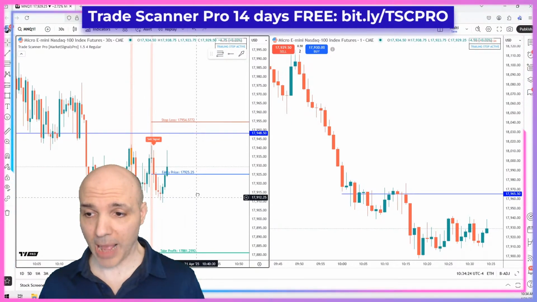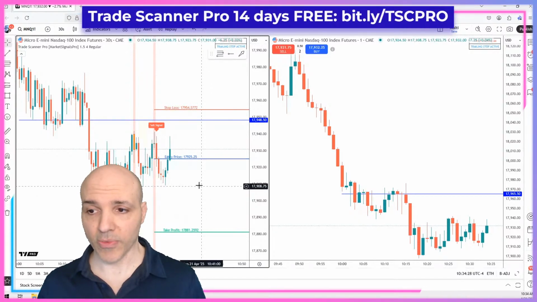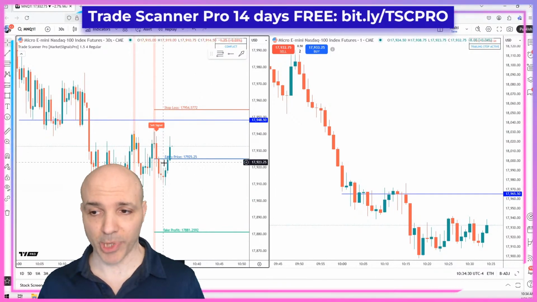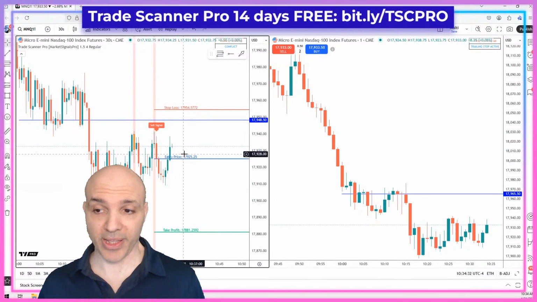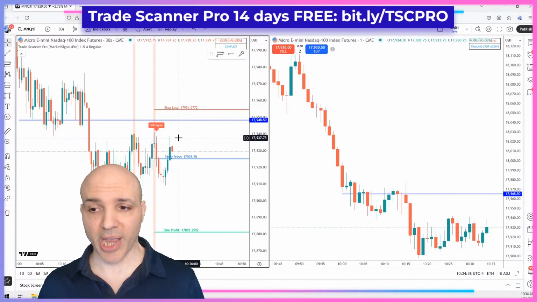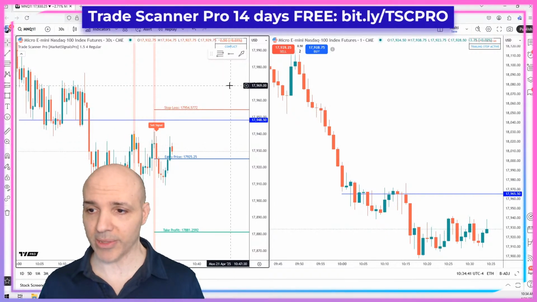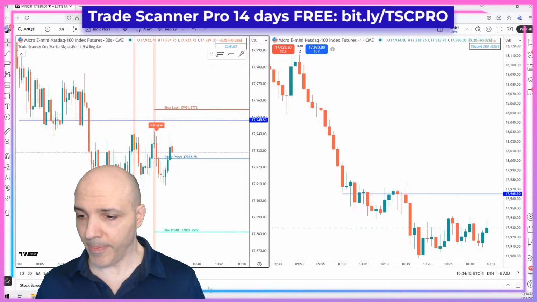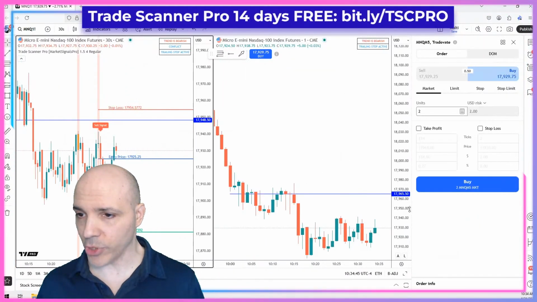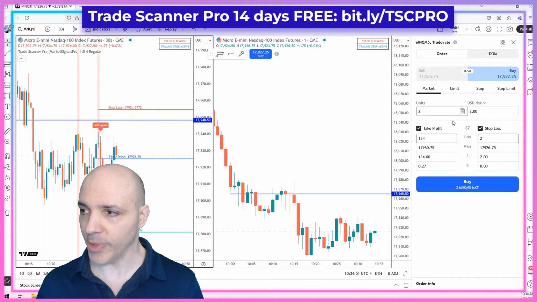Now, the whole point of the stop, again, is to simplify my decision-making process. Right? Like, yeah, I can bang this out right now because I don't like the way it looks. But that doesn't mean it's going to go to the stop, though. So when you use the Trade Scanner Pro, like I said, you've got to respect the levels. I have to talk to Steen about this to see if he could do this, but you should have a hard stop and a take profit automatically programmed in when you place your order.